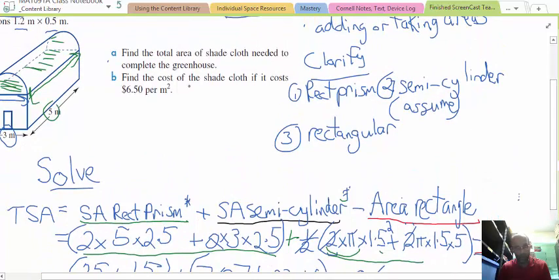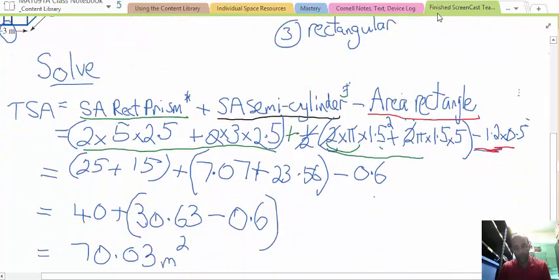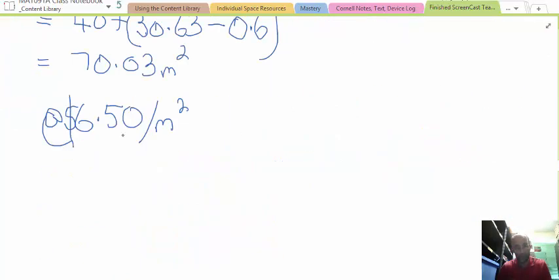The last part is we had to find the cost of the shade cloth. If it's $6.50 per square meter, that's a rate, so we just multiply. Let's have a look.